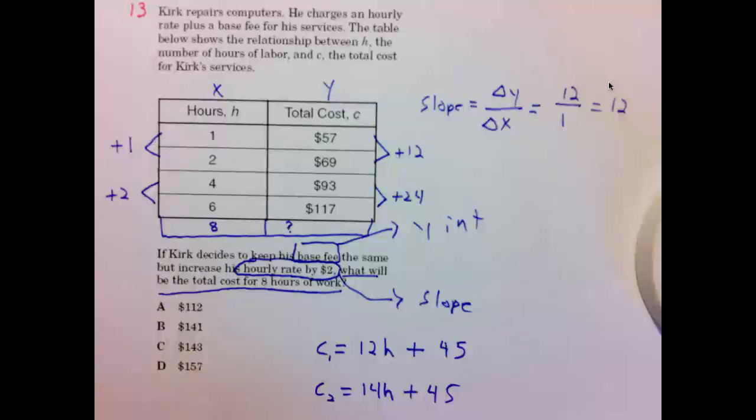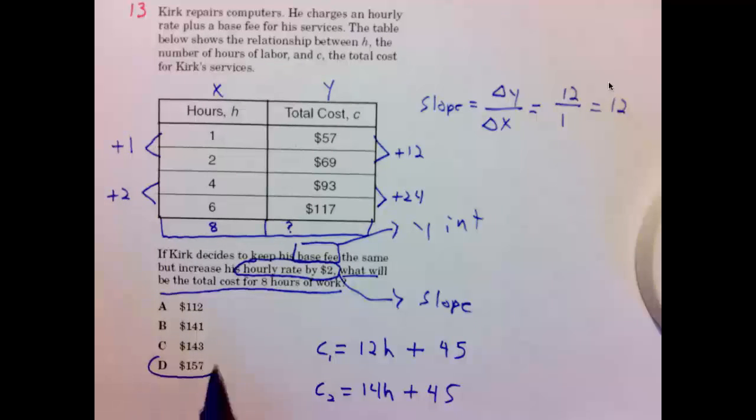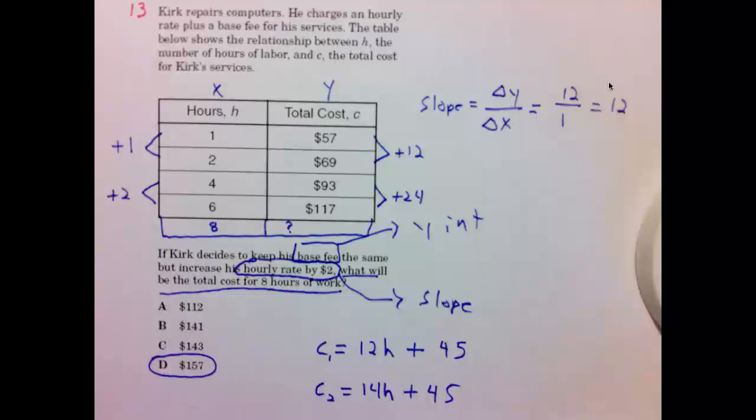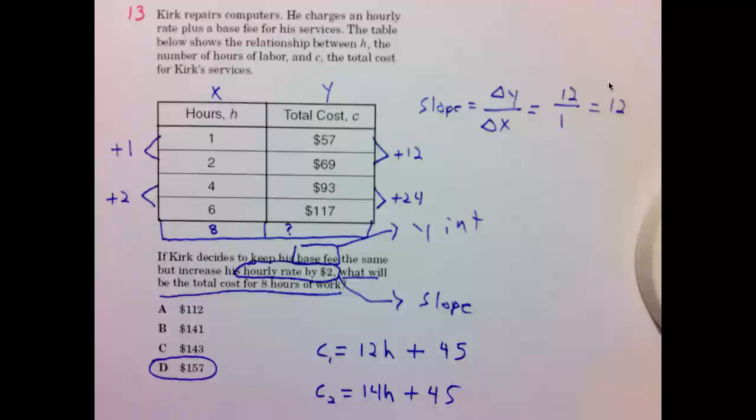Well, using your calculator, that new cost is going to be $157. The correct answer is 13D. All right.